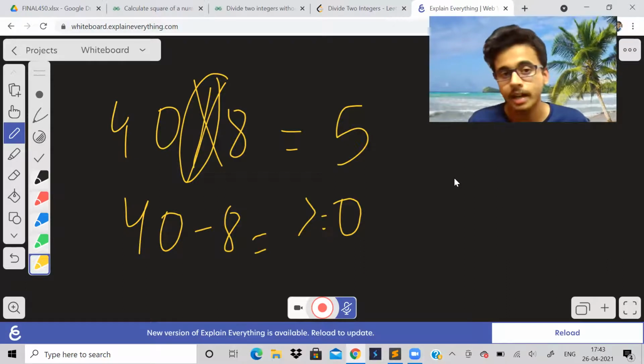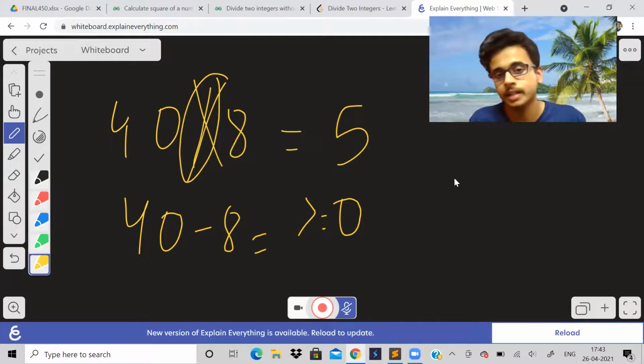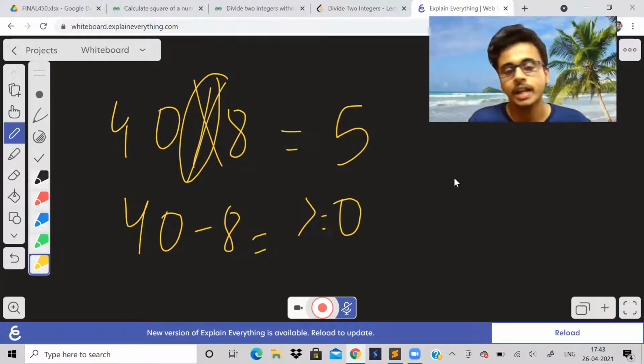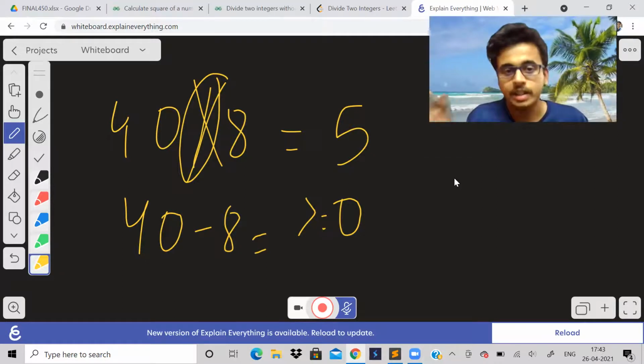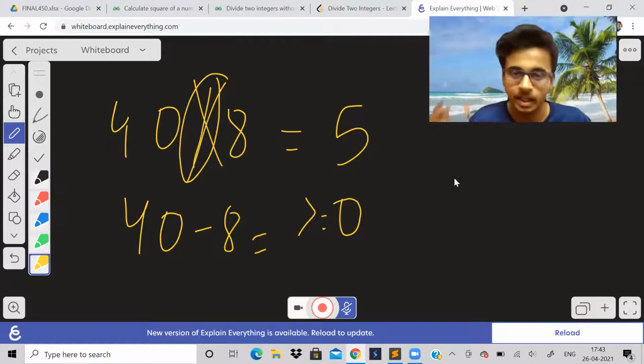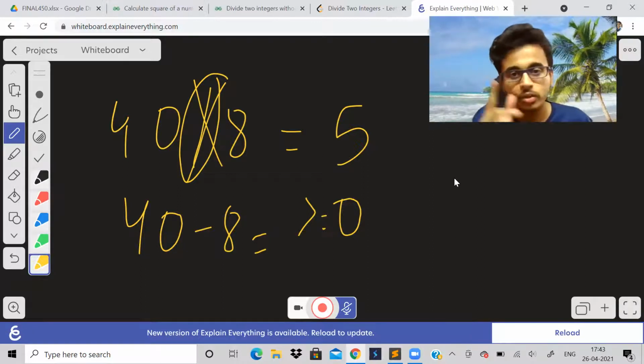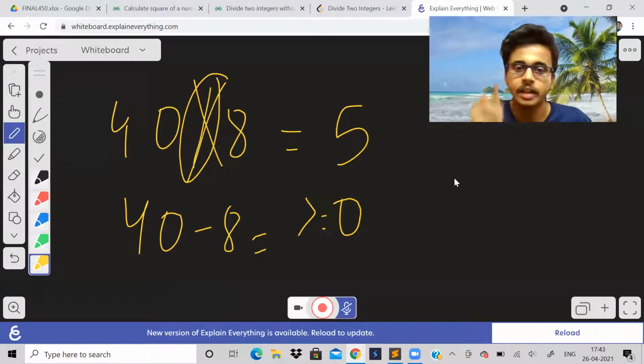I cannot subtract 8 again because the remainder is 3. So then I stop. So another name for division itself is repeated subtraction.